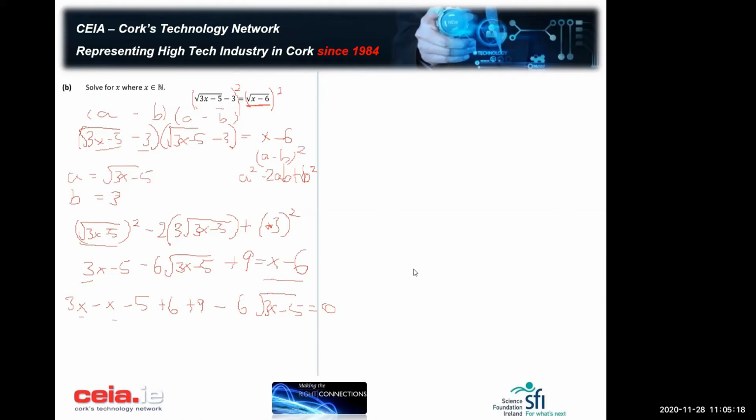So 3x minus x is 2x. Minus 5 plus 6 is 1, plus 9 is 10. Minus 6 into the root of 3x minus 5 is equal to 0. So cancel the 2's, and we'll end up with x plus 5 minus 3 times the square root of 3x minus 5 is equal to 0.